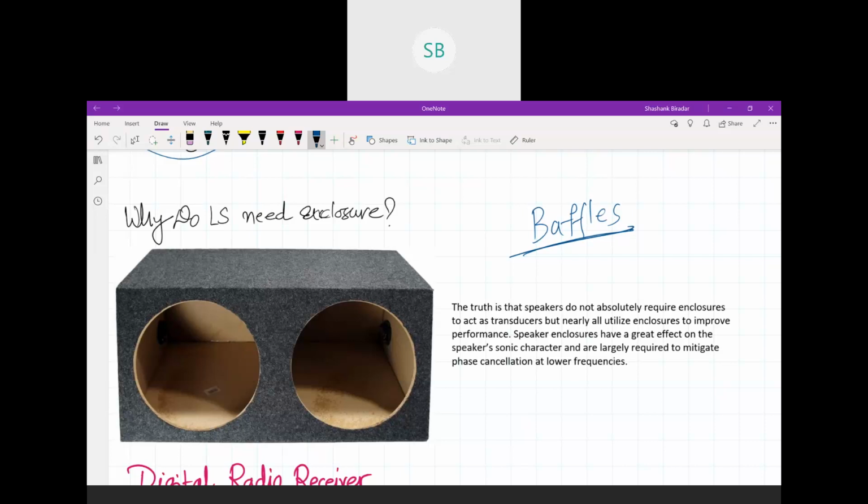These baffles and enclosures are needed so as to enhance or improve the performance of the loudspeaker. I'll share some content in which you can see the proper structuring and some technicalities regarding baffles and enclosures in more detail.